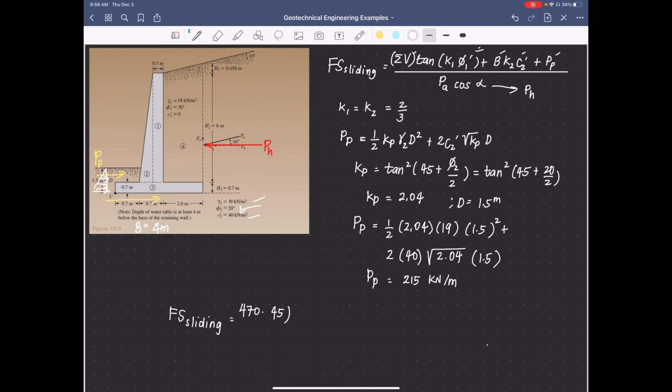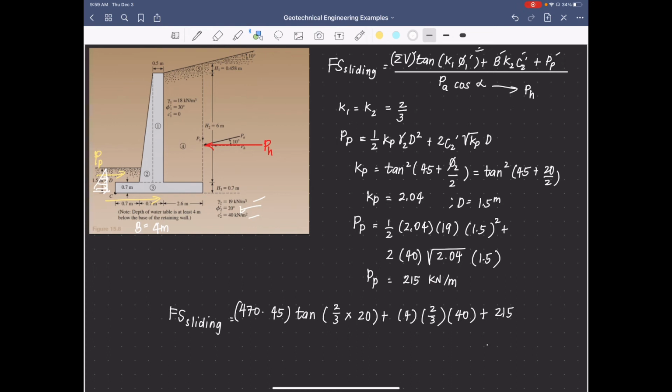This is to be multiplied by tangent of K, which is equal to 2/3, times phi sub 1 of 20, plus 4, which is the width of the wall, K sub 2 is also 2/3, and the cohesion is 40, plus P sub B of 215.